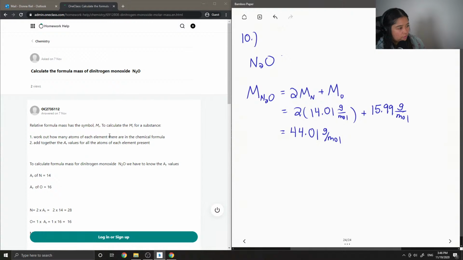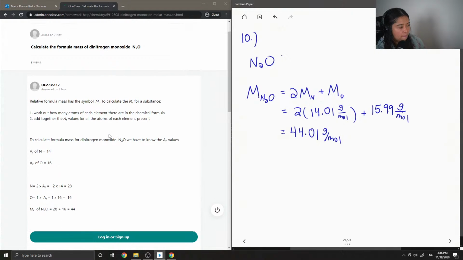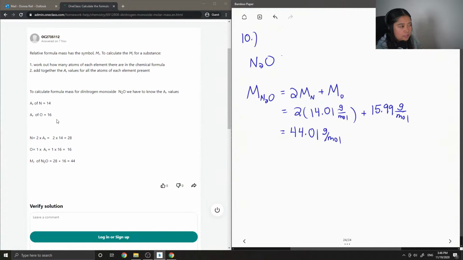Okay, so let's see what the junior tutor said. Relative formula mass has the symbol MR. To calculate the MR for a substance, step 1, work out how many atoms of each element there are in the chemical formula. Step 2, add together the AR values for all the atoms of each element present. AR stands for the relative atomic mass.